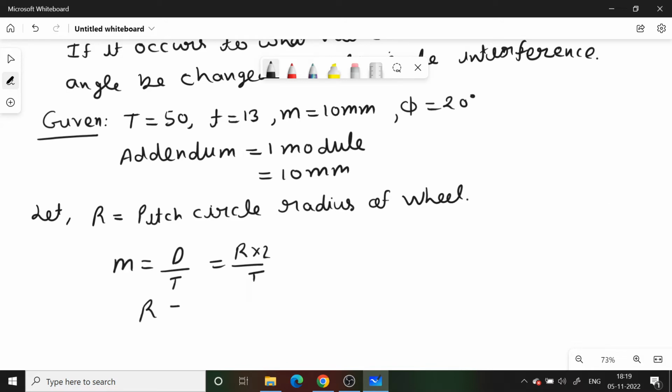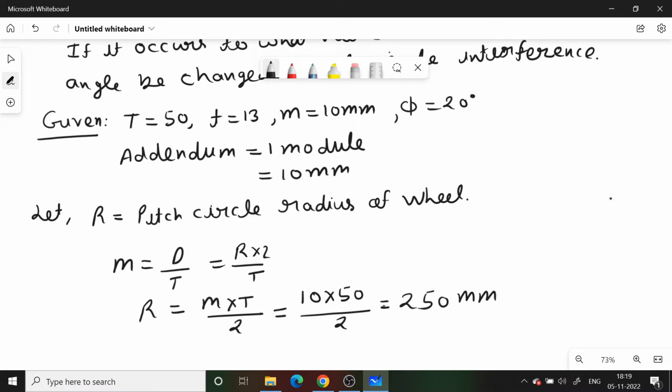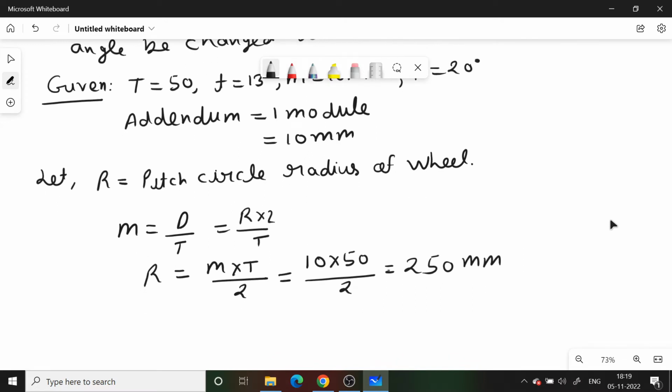So from here, radius will be equal to module into number of teeth divided by 2. Module is 10, number of teeth on wheel is 50, divided by 2. So radius of the pitch circle of wheel is 250 mm.